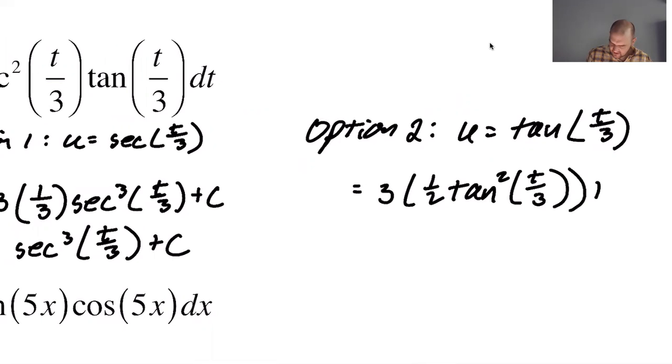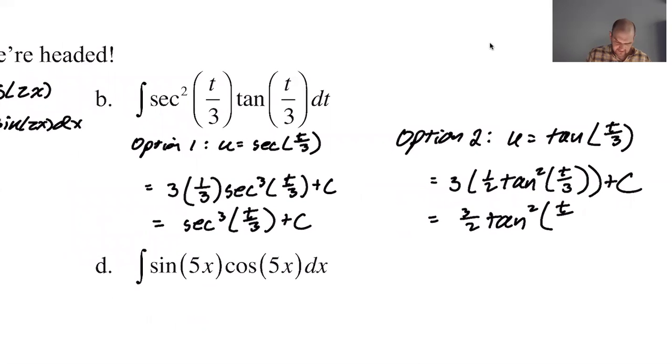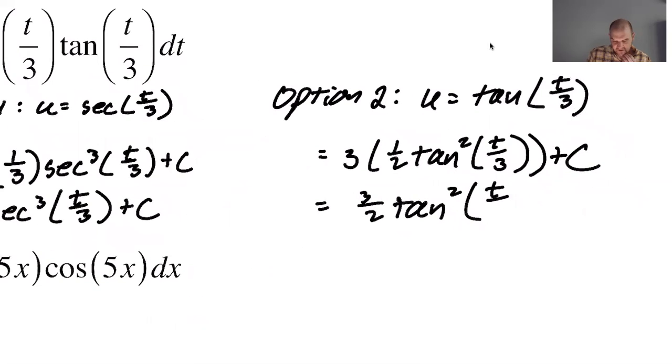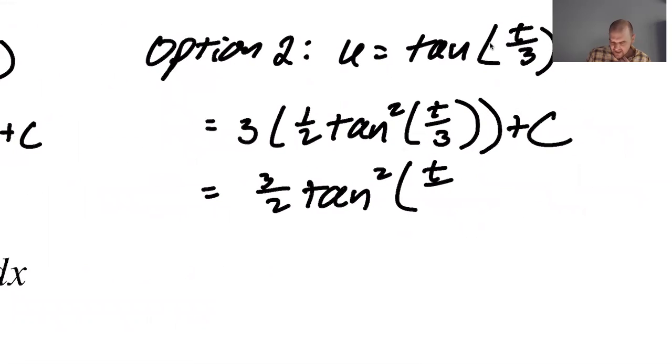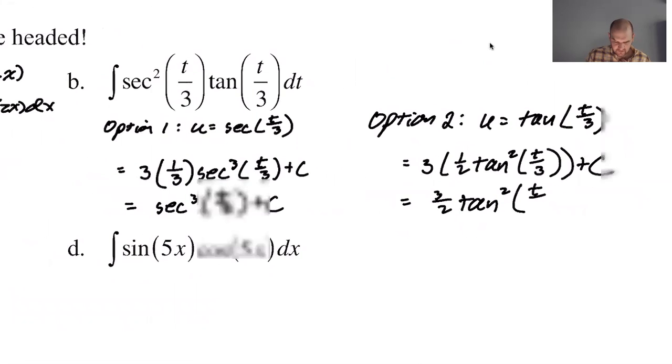So this, I think, is not working. I'm getting 3/2 tan squared. I don't know where I'm going to rectify that. Oh, wait, the derivative of secant is secant tan, and then the derivative of tangent is secant squared. I'm messing something up, but I don't know what.